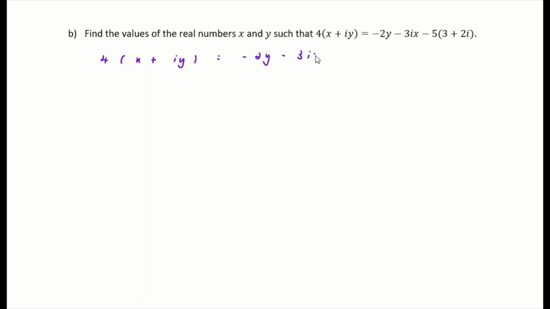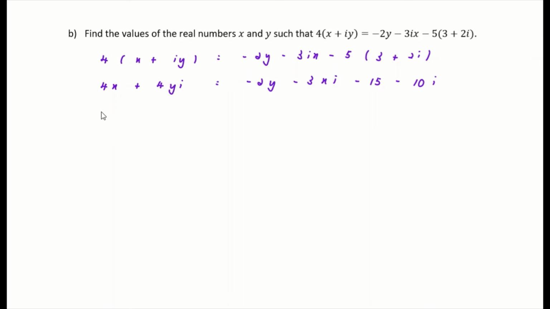Then we can expand it first because we need to split it into the form of real part and imaginary part. So 4x + 4yi equals negative 2y minus 3xi minus 15 minus 10i.